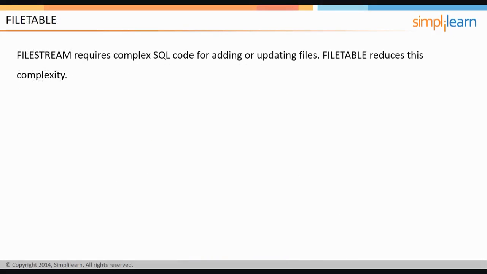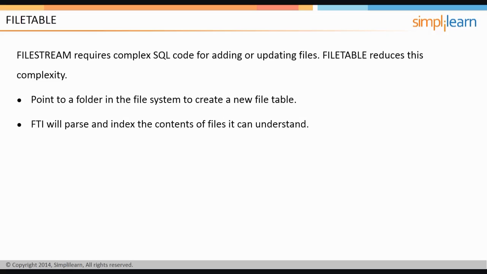SQL Server 2012 utilizes File Table to reduce the complexity that file stream columns require to add or update documents within it. In the case of File Table, instead of using SQL to add or update files, you create a new file table by simply pointing to a folder on your file system. SQL Server will read and pick up all files within it automatically.